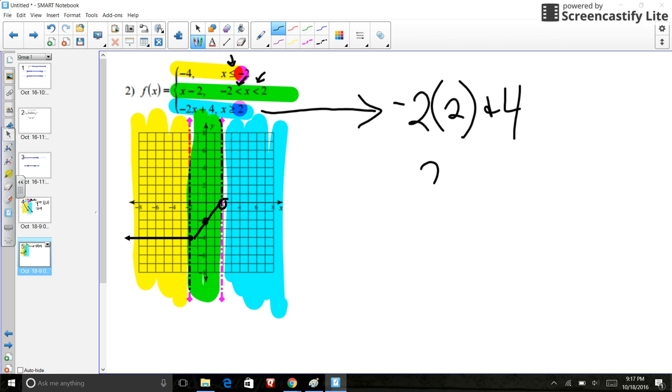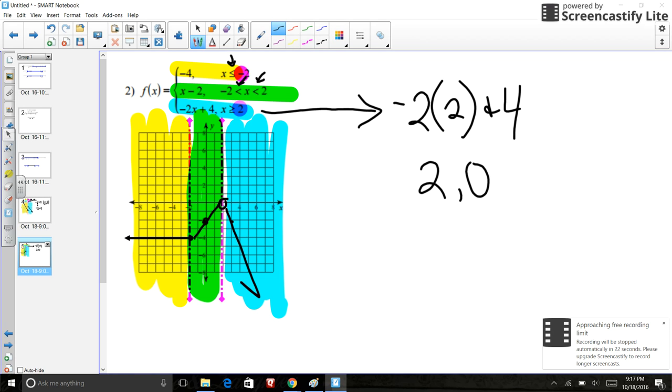So at the point 2, when x is 2, y is 0. So, oh, look, I've already got a dot there. And then from there, I'm going to go down to right 1, down to right 1. There we go. Now I can fill this dot in, not because it got filled in the first time, but because it got filled in the second time. Wahoo, that was amazing piecewise functions going on there.